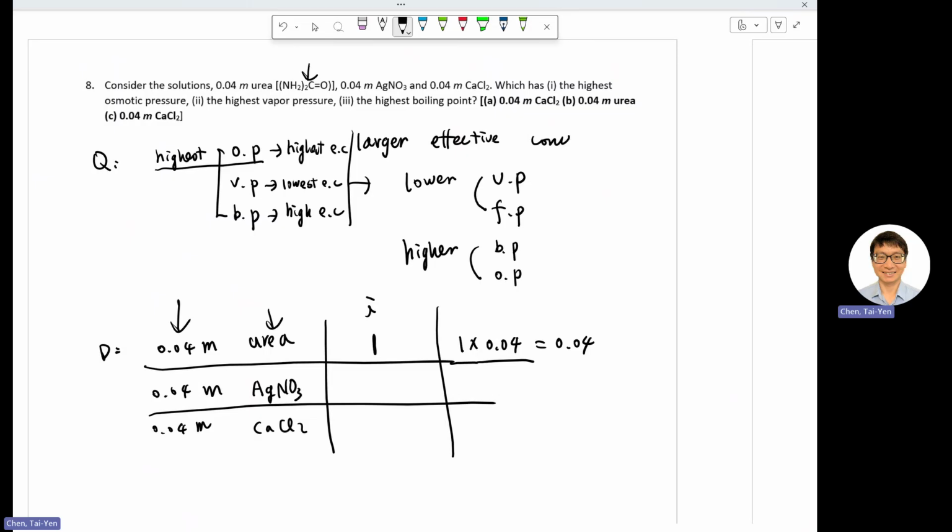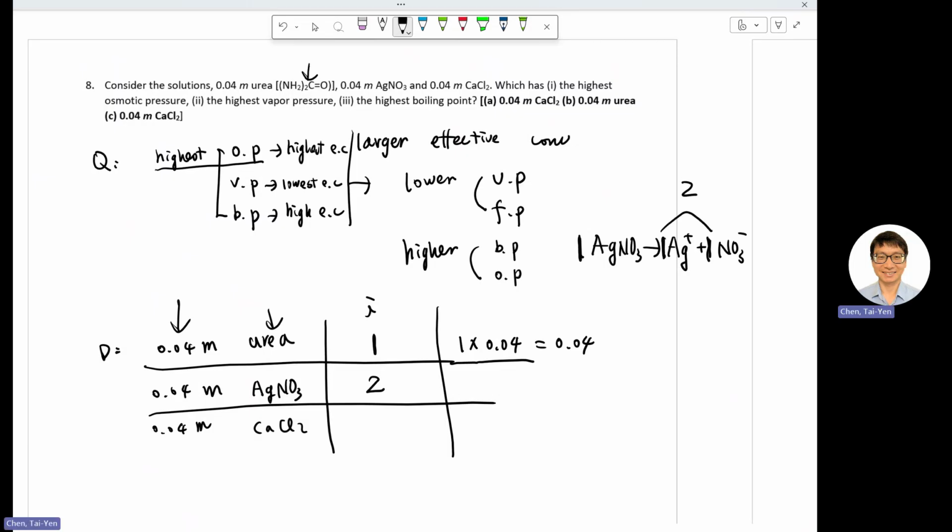Once it dissolves in water, the AgNO3 will become Ag plus and NO3 minus. So you throw in 1, but you get 1 positive plus 1 negative. So 1 plus 1 gives you 2.